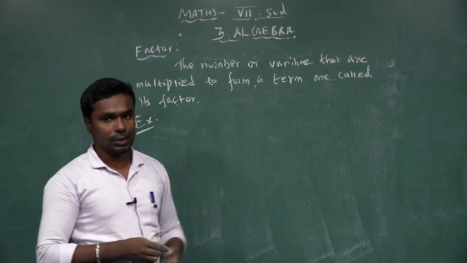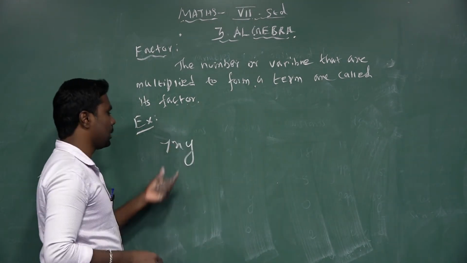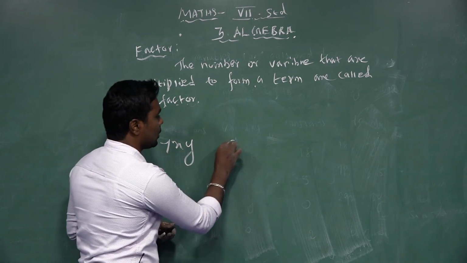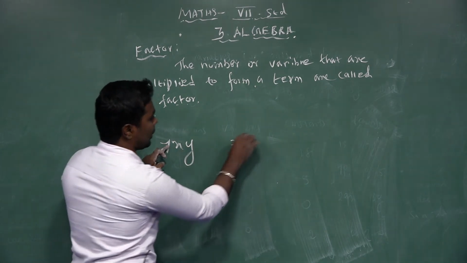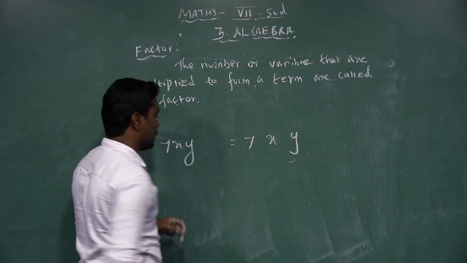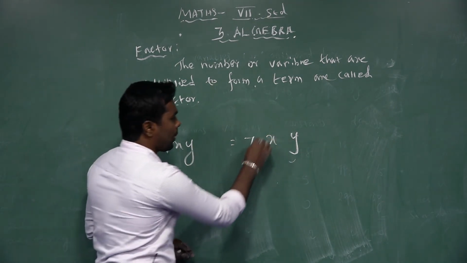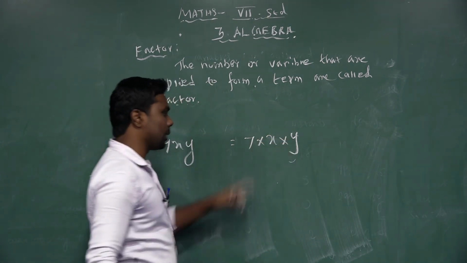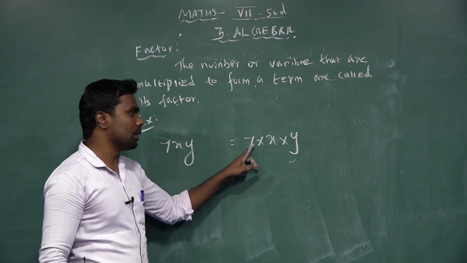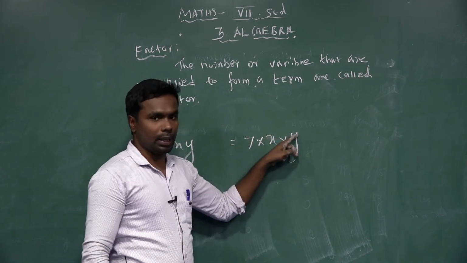For example, take one of the terms, 7xy. The term is formed by the product of 7, x and y, 7 into x into y. The term 7xy is formed by 7, x and y, so these are called factors.